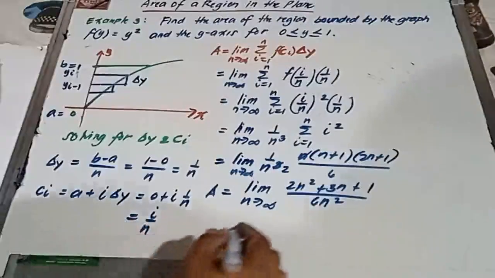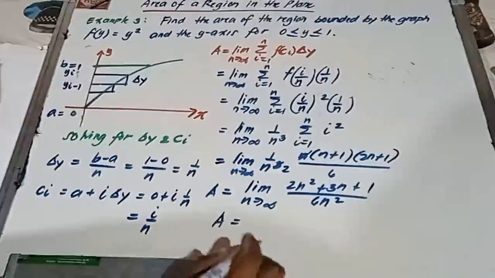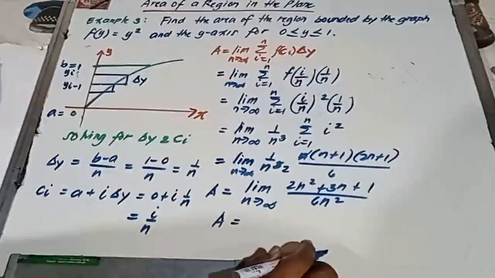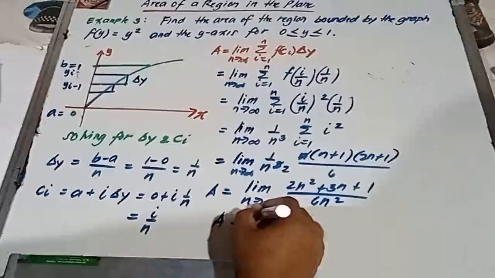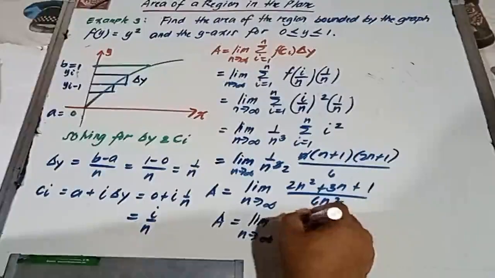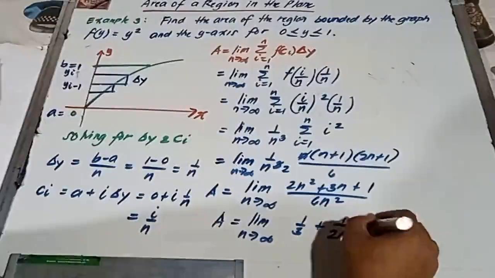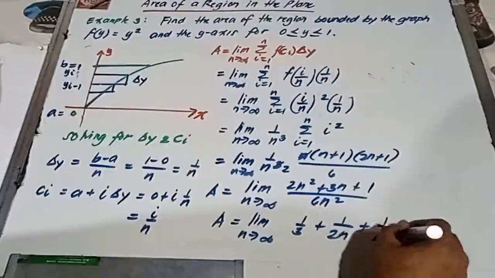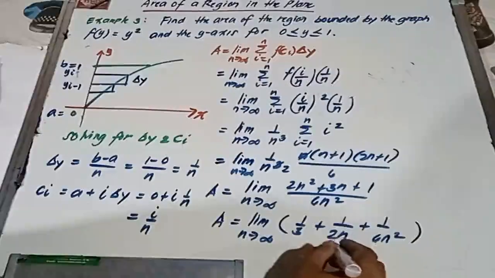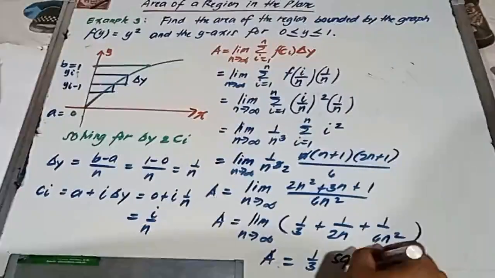Okay? Lagay natin into fractions bawat terms. Isa-isahin natin para magamit natin yung theorem on limits at infinity. We have limit n approaches infinity, 1/3 plus 1 over 2n plus 1 over 6n squared. Now, this is 0, this is 0, therefore the area is 1/3 square units.